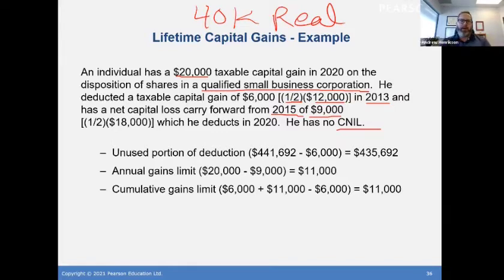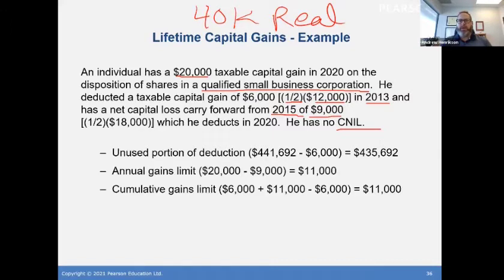So that's one. Next, we have an annual limit, which is clearly going to tie into how much of a gain do you actually have in the year. We can't use this deduction if we don't have a gain. This doesn't go against employment income or any of these other things. This only can be used as a deduction against a qualifying gain.